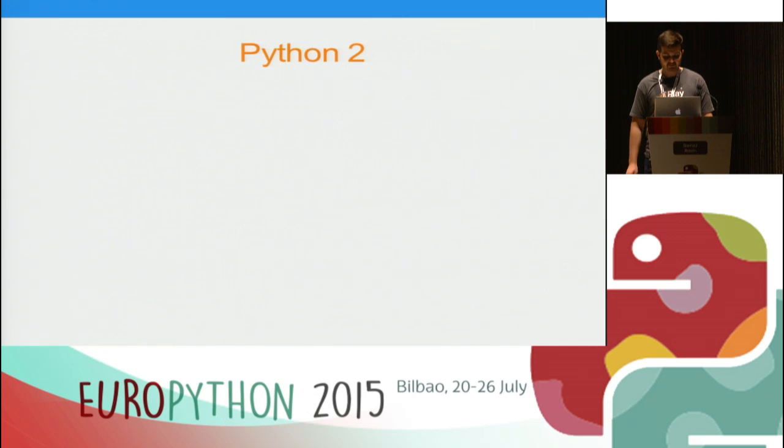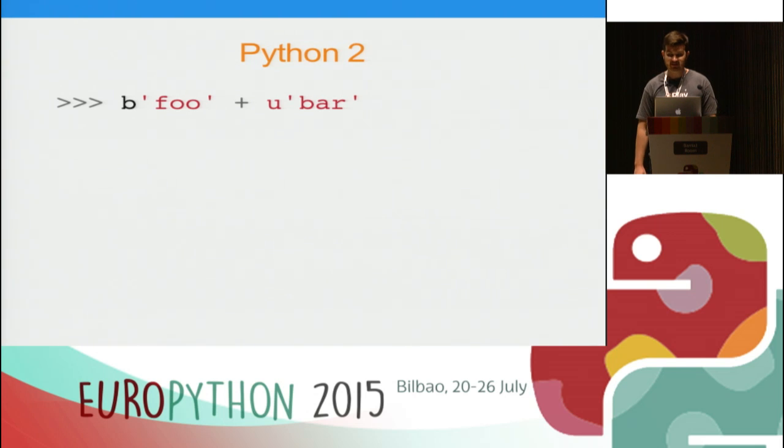To put more on top of that, there's different functionality between the two Python versions. For example, if you try to mix the two different string types, and here we're trying to concatenate a byte string foo with a Unicode string bar, Python 2 will do some implicit decoding for you, such that when you concatenate the two together, you'll get the Unicode string foo bar, by decoding foo first and then adding the two together.